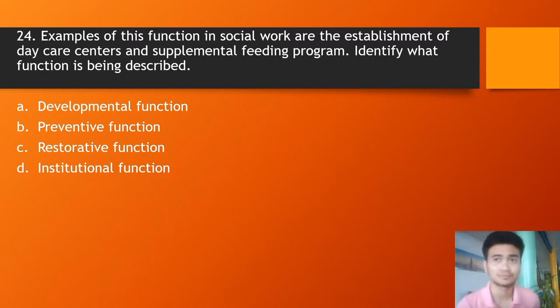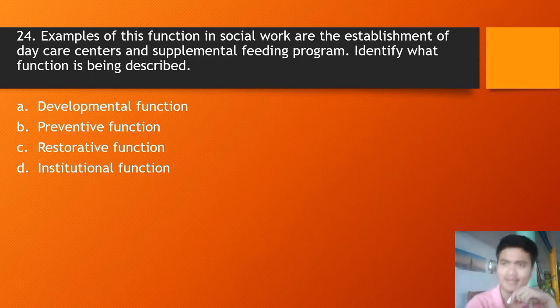Developmental, yun yung there is somehow lacking. If there is lacking, then we should give resources for them to maximize their potential and benefit. So usually may educational dimension din yung developmental. For example, daycare centers, mga single mom, no? Pinapaaral muna nila yung bata nila sa daycare center to be taken care of.